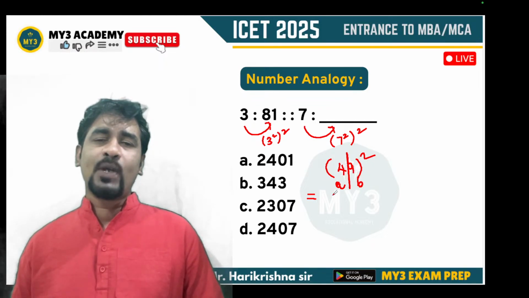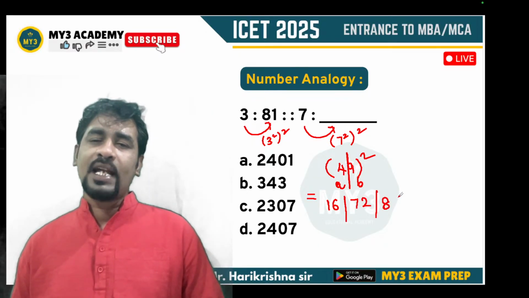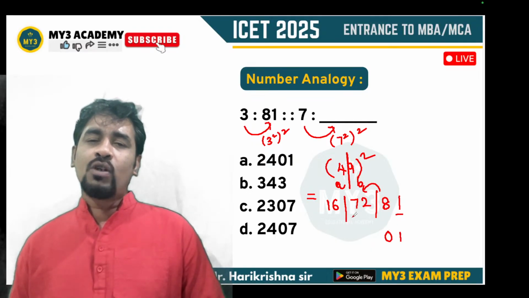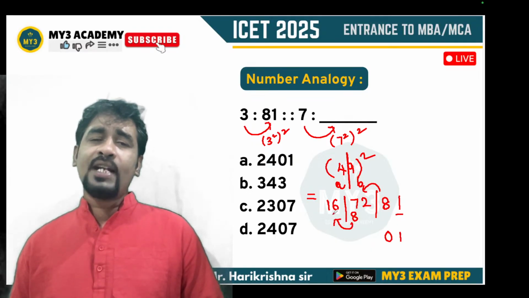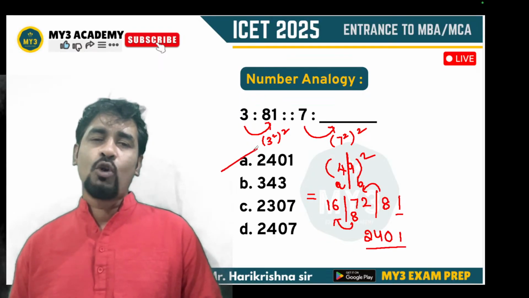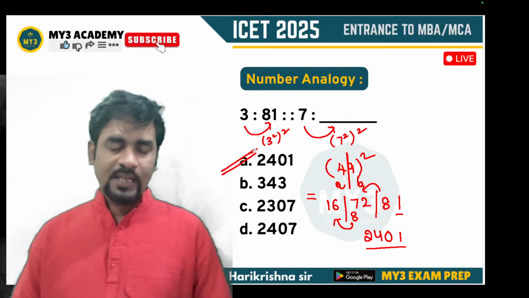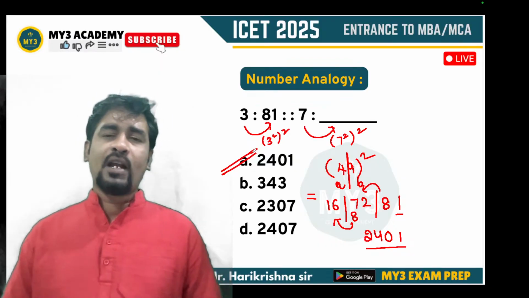A square is 16. 2ab is 36 into 2, which is 72. 9 square is 81. Take the last digit 1 and send the 8 as carry. It will be 80, so take 8 as the carry. So 16 plus 8 is 24. The answer will be 2401, available as option A, option B. That's how we can find the square of any number.